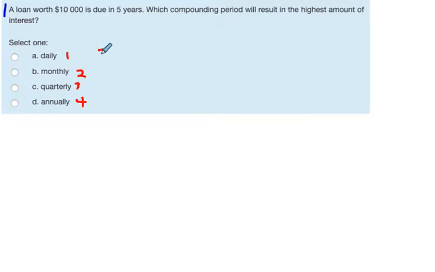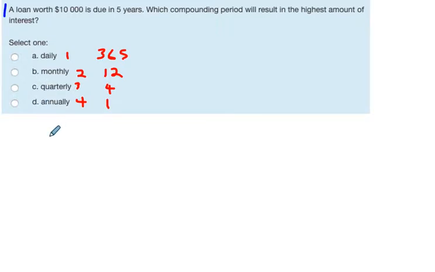So again, daily is 365 times per year, monthly is 12 times per year, quarterly is 4 times per year, and annually is once per year. So the more often it's compounded, the more interest you will pay on a loan. Now, the difference between daily and monthly, quarterly, and annually is not going to be that much.